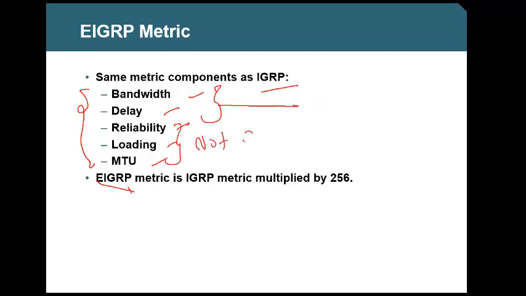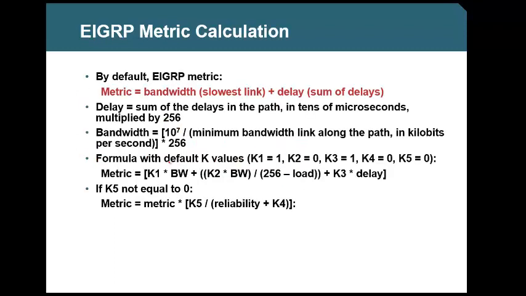Why not considered? I'll explain in detail in coming days, but they are not considered because reliability and load are variable. Much detail I'll give you when we sit for another class on the same chapter. So as I said, the default metric of EIGRP is slowest link bandwidth plus sum of delay. The other things are not really necessary.